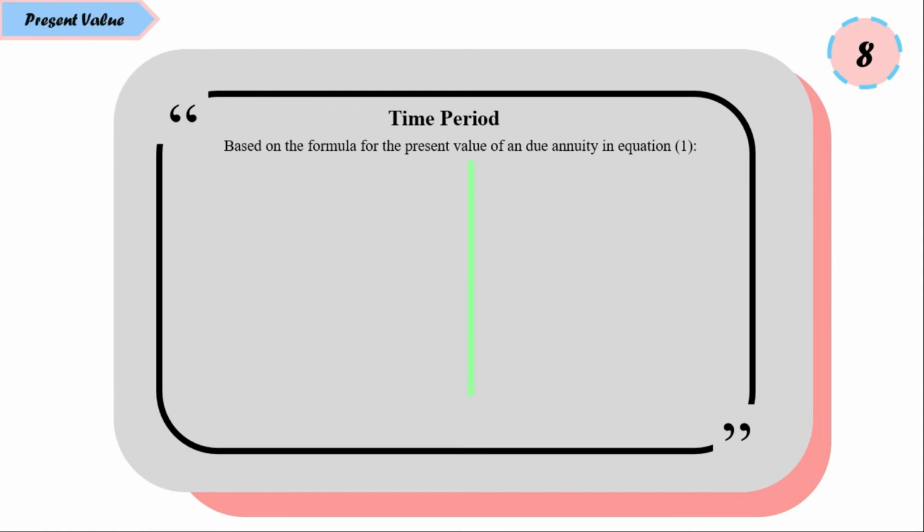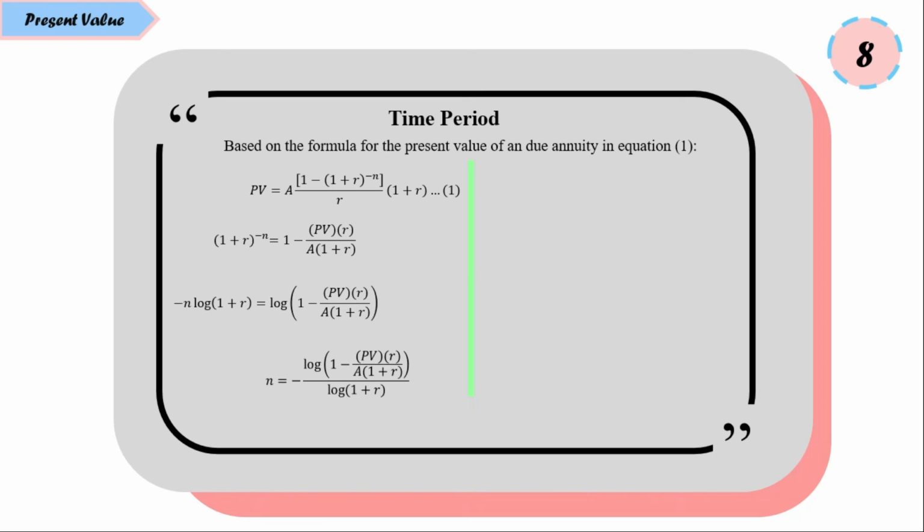Time period, based on the formula for the present value of annuity in equation 1, we can get the formula for N equals minus log (1 minus present value times R divided by A times (1 plus R)) divided by log (1 plus R).